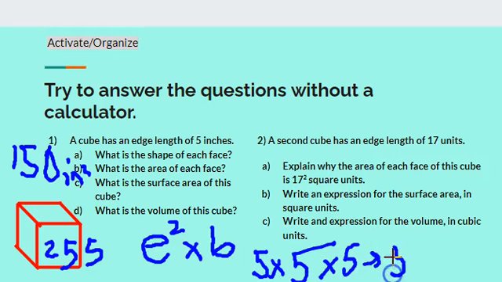How would we write the exponent for this? 5 to what power? Yeah, it should be the third power because 5 times 5 times 5 is the same sort of thing. So multiply that all together, we end up with 125 cubic inches. And because we multiplied 3 things together, that's why we put the little 3 with it, because that's a volume. It's 3 measurements multiplied together. Okay?